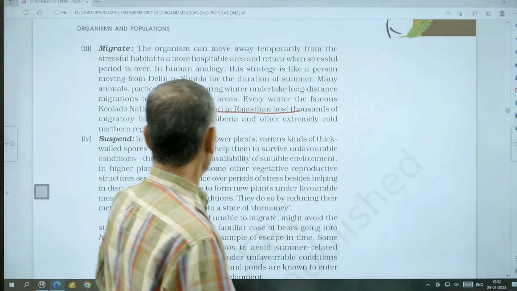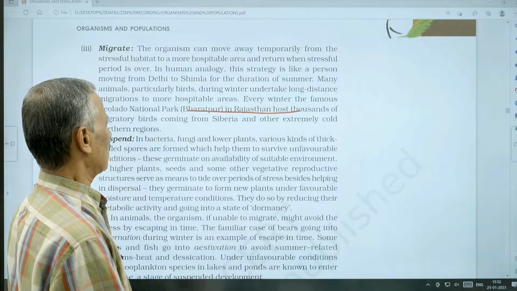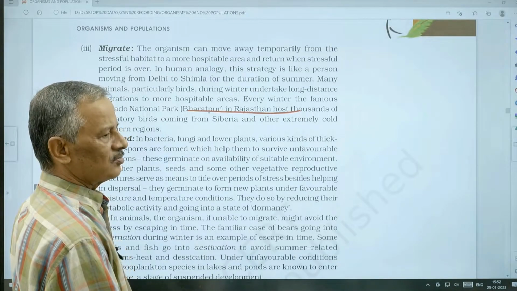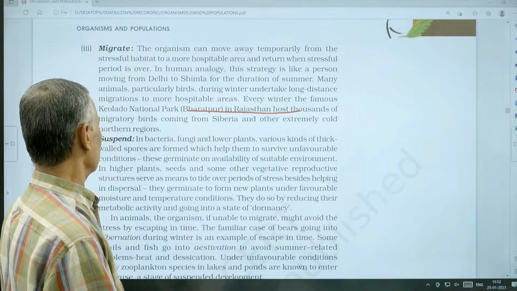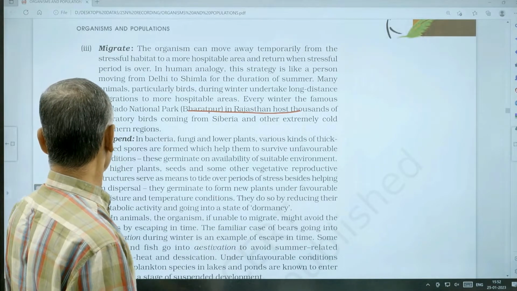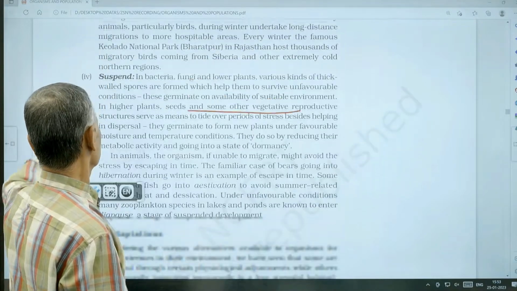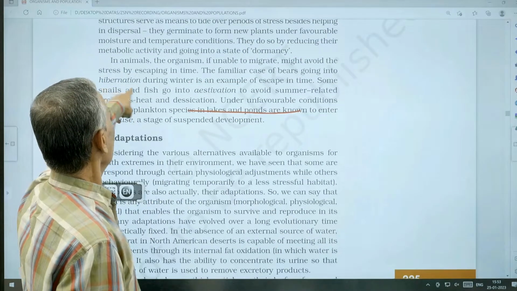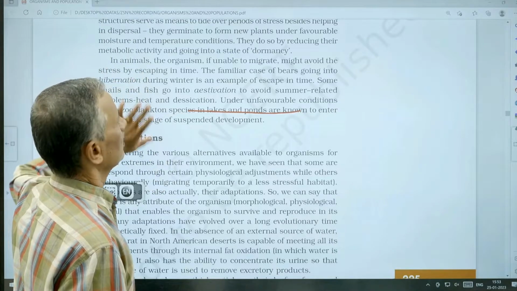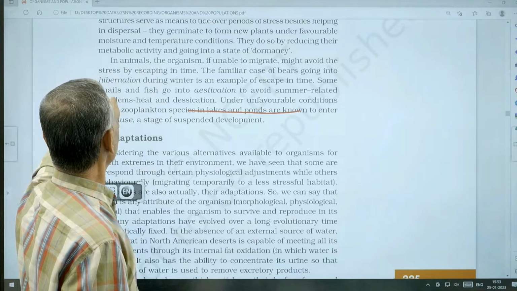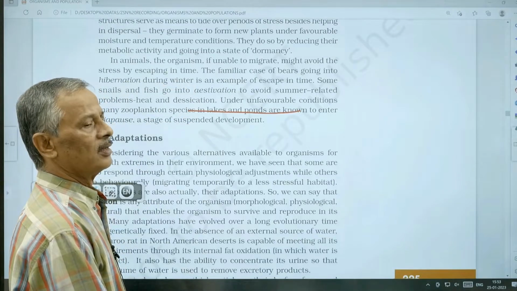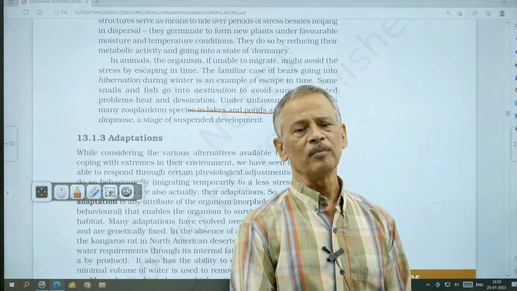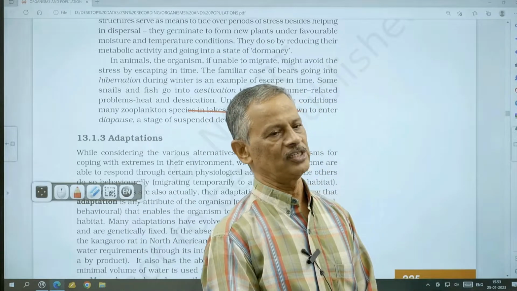They will be completely converted into seeds, spores, etc., and they will be capable of surviving those extreme conditions. Hibernation in winter, estivation in summer. So this is the condition of remaining in a dormant, inactive condition.